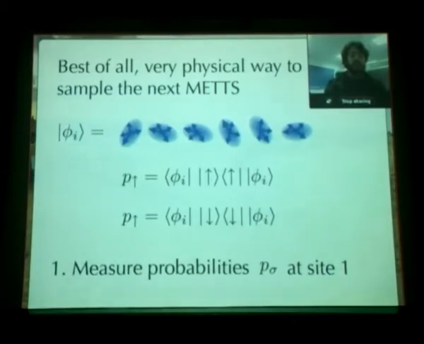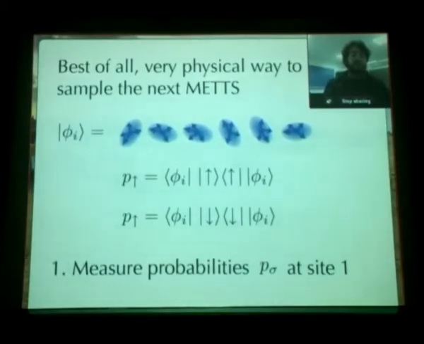So on this slide, it's just showing that you measure the probability. Here I'm considering the case of spin one half, just for simplicity, but it generalizes to any type of degree of freedom. You measure these projectors. One of them is the projector onto the spin up state, the outer product of the spin up state. The other is the projector onto the spin down state.